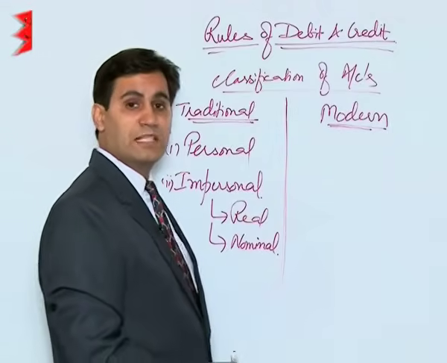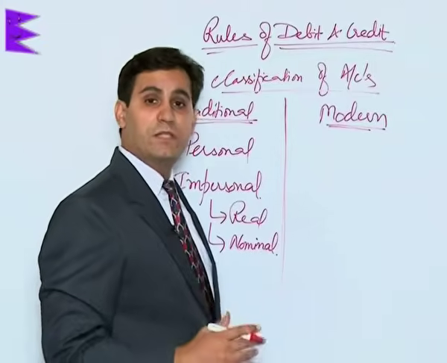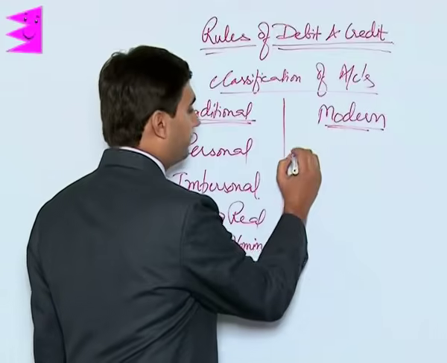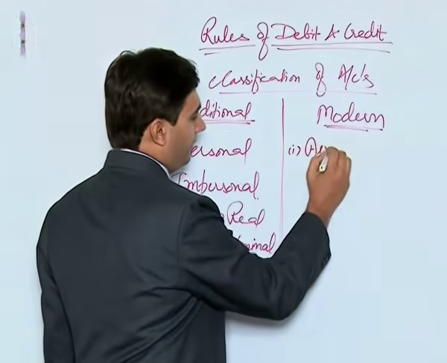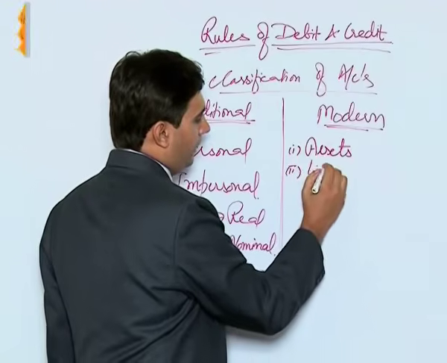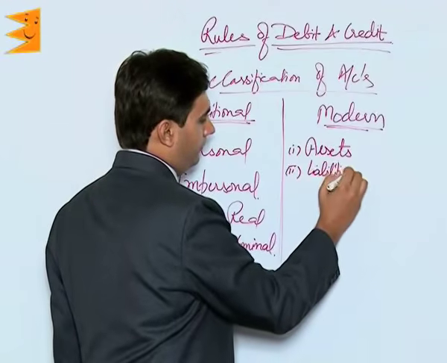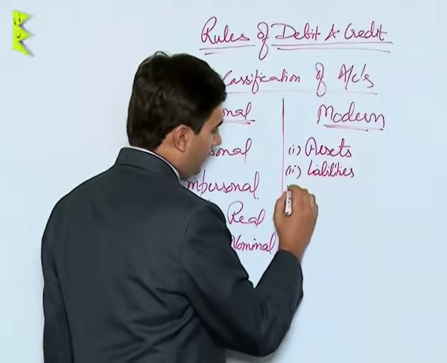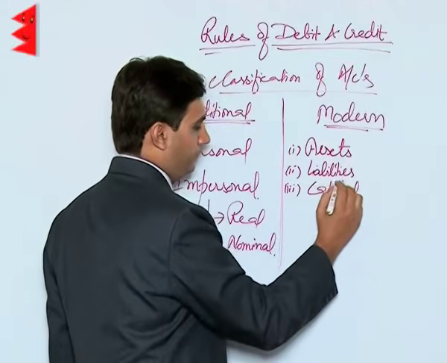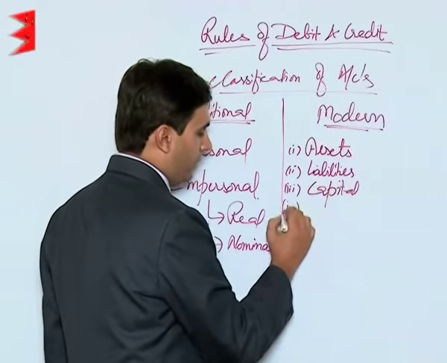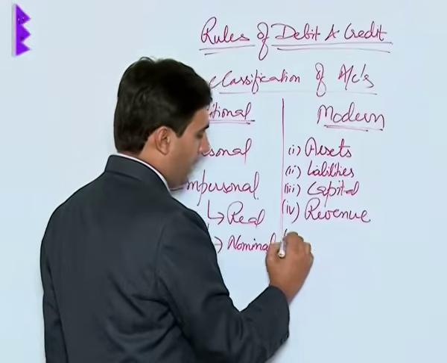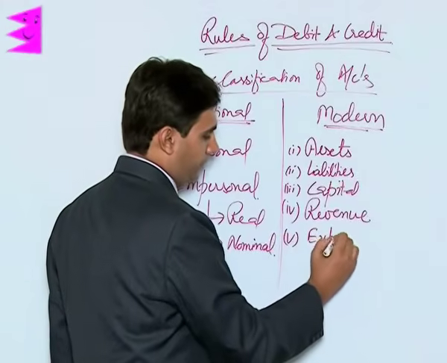Whereas under modern classification, there are 5 subcategories in which accounts have been divided. They are assets, liabilities, capital, revenue, and expenses.